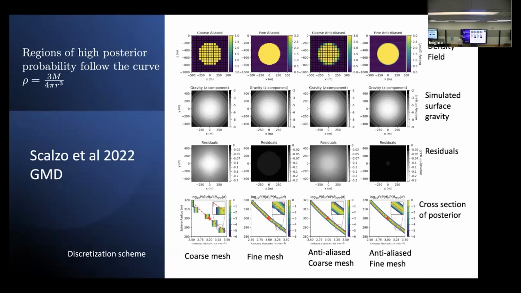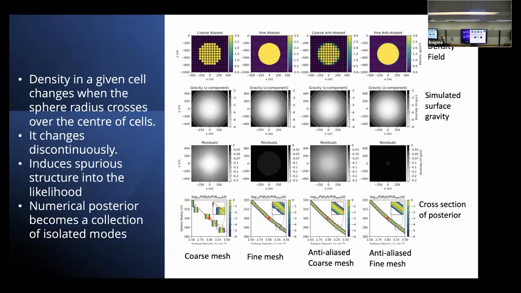So basically, as the next slide says, what we were actually picking up was the fact that the density in any given cell changes when the sphere radius crosses over the center of the cells, right? So we were saying that it was a constant density in here when in fact it's not. It's not constant.